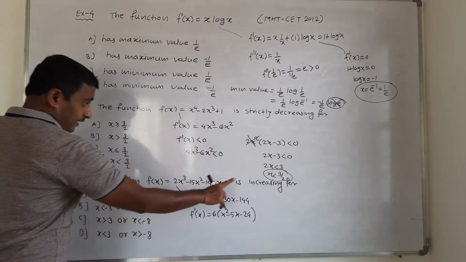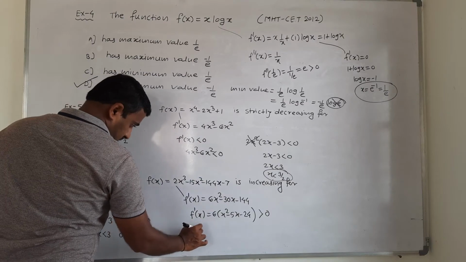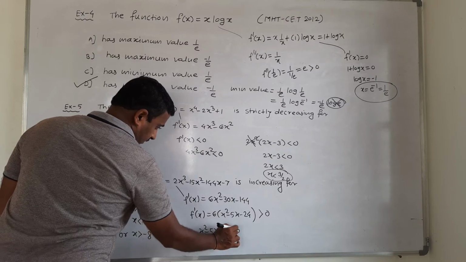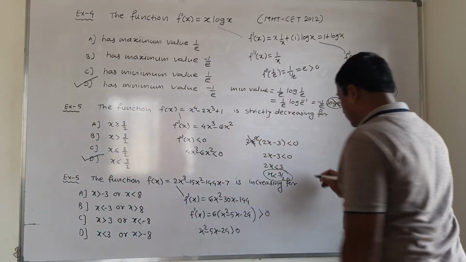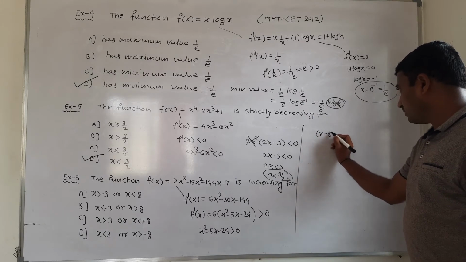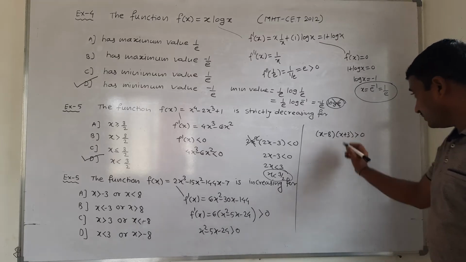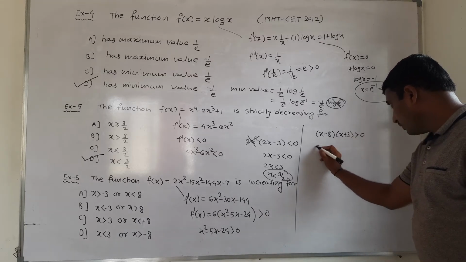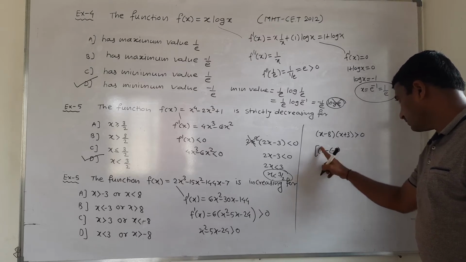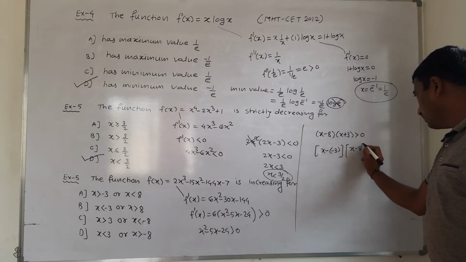Therefore for increasing, it is greater than 0, therefore x² minus 5x minus 24 greater than 0. Two factors: (x minus 8)(x plus 3) greater than 0. I write x plus 3 first, and then x minus 8 greater than 0.